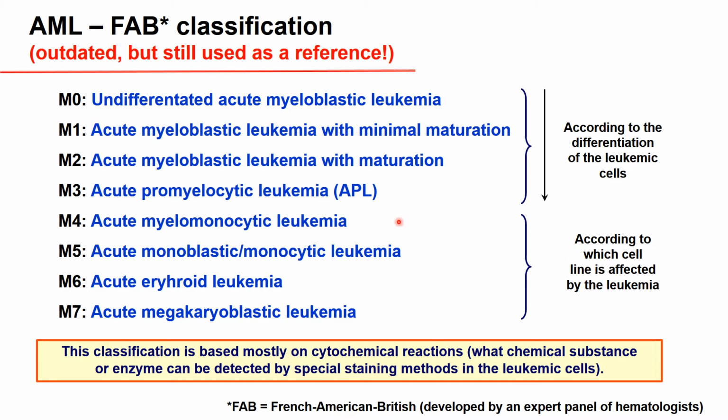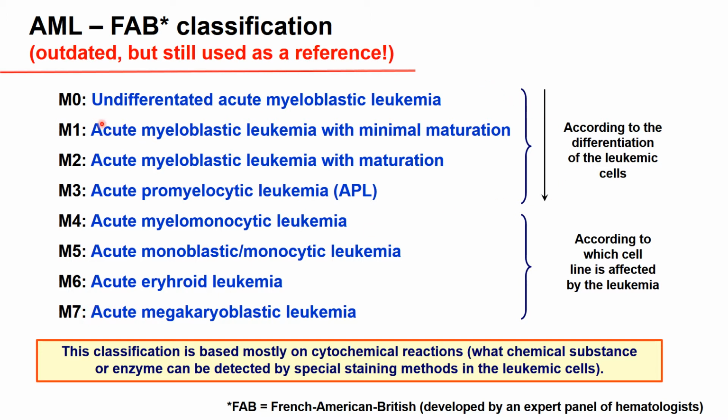This can, for example, be evaluated by light microscope, and we can guess very closely what the problem with the patient is. As you see here, this FAB classification ranges from M0 to M7, so these 8 groups we have.